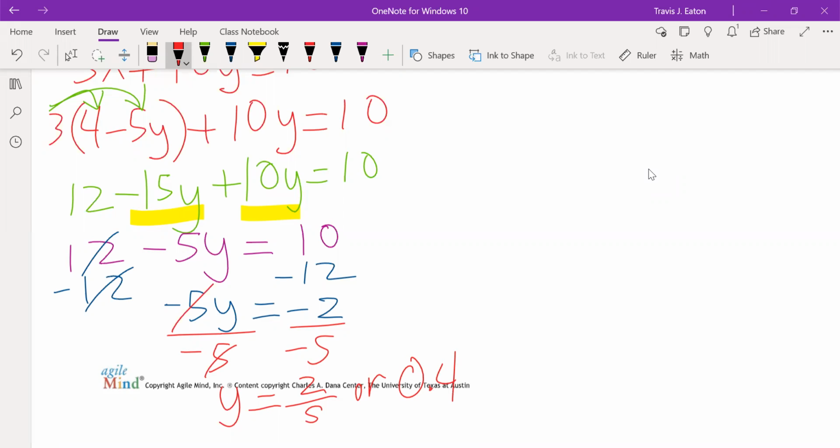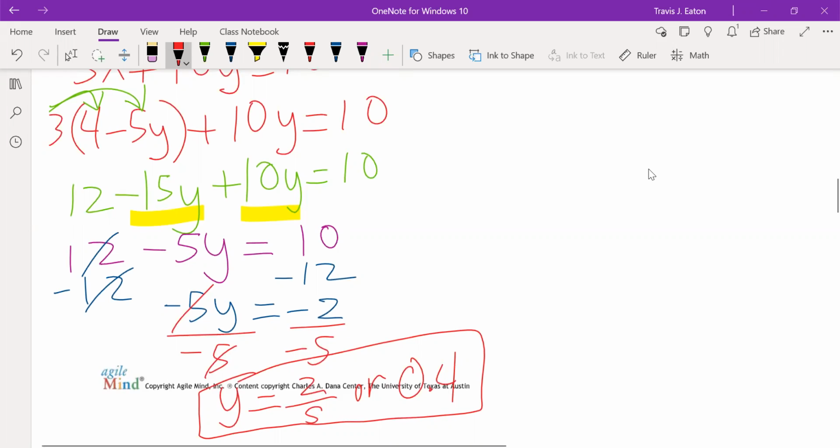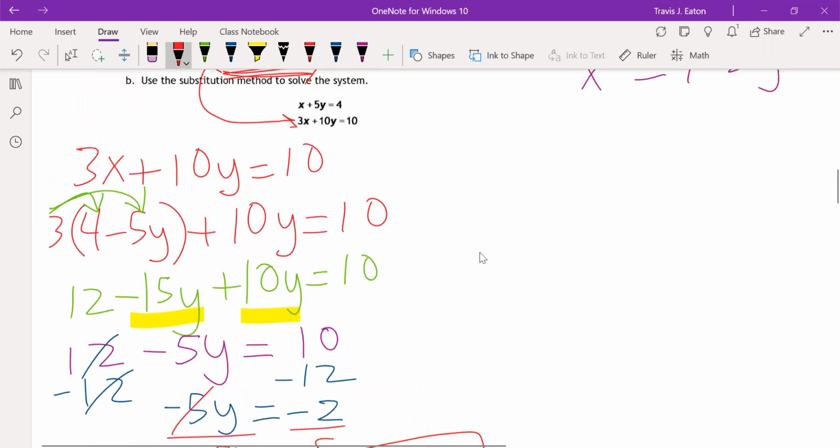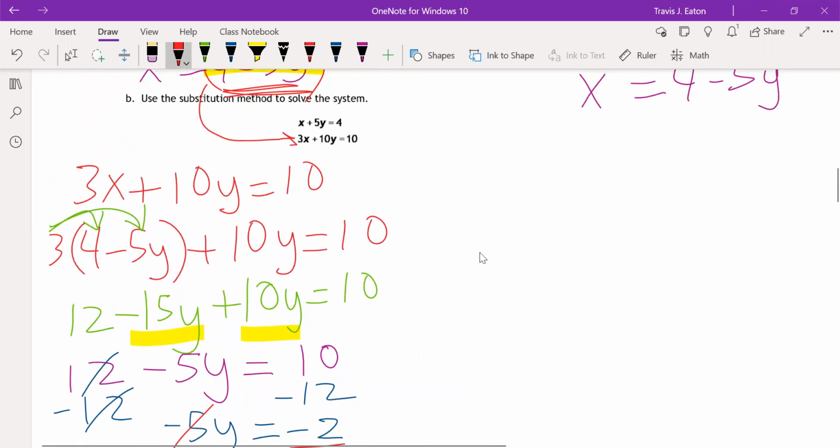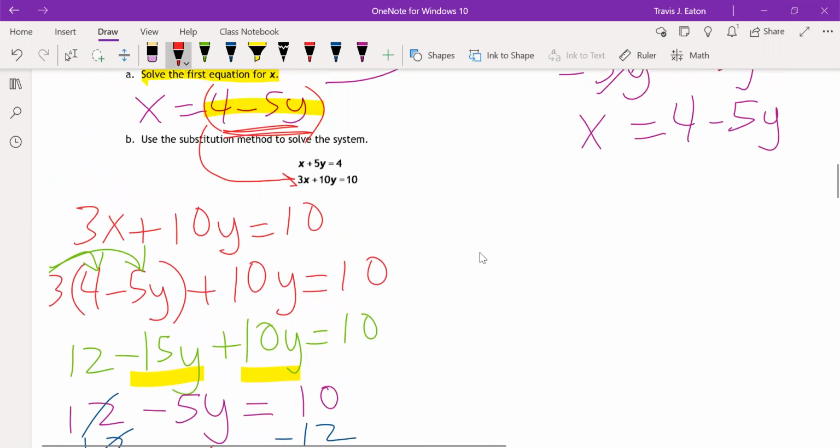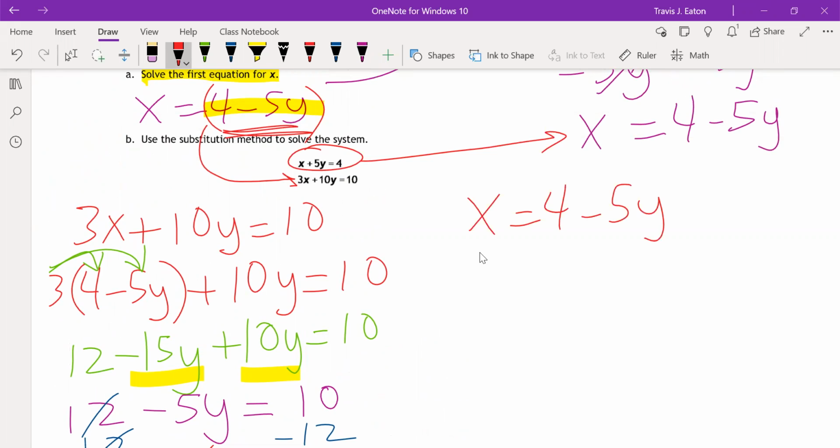Now that we've found what y is, we can go back and substitute that into the equation for x, because remember, we took this equation and turned it into that one to solve for x. So x equals 4 minus 5y.